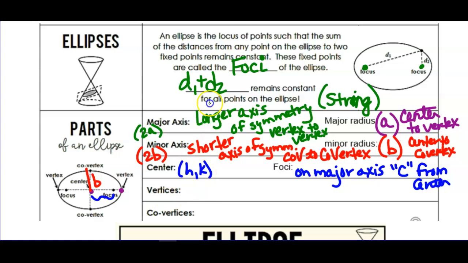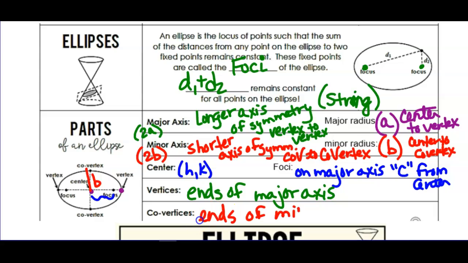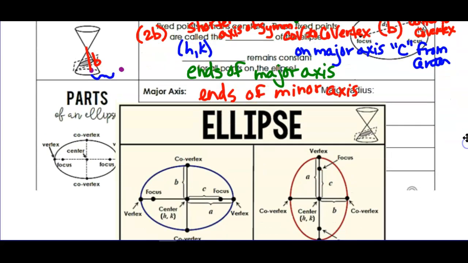All right, the vertices are at the ends of the major axis. And the co-vertices are at the ends of the minor axis. All right.